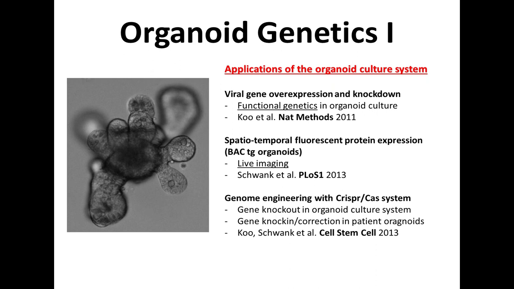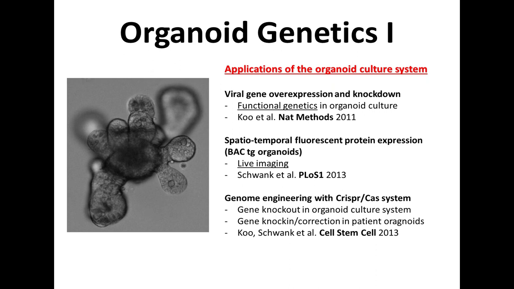The method was described in this Nature Methods paper in 2011. After that, we wanted to generate bacterial artificial chromosome transgenic organoids, which might be important for live imaging and other applications. This was published in PLOS ONE in 2013.